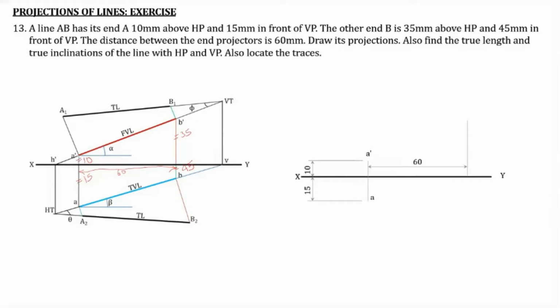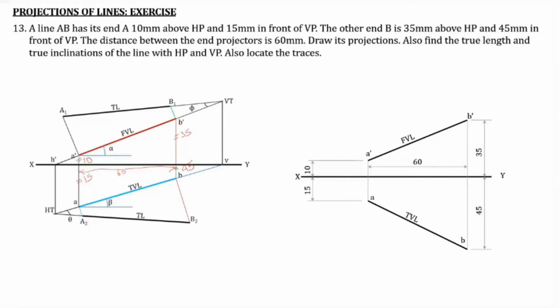In that projector, we mark the point B dash, which is 35 millimeter above the XY line. Then we mark the point B, which is 45 millimeter below the XY line. Once this much is completed, you can join A dash with B dash, which is the front view, and then the points A and B can be joined to obtain the top view. This much is very simple.